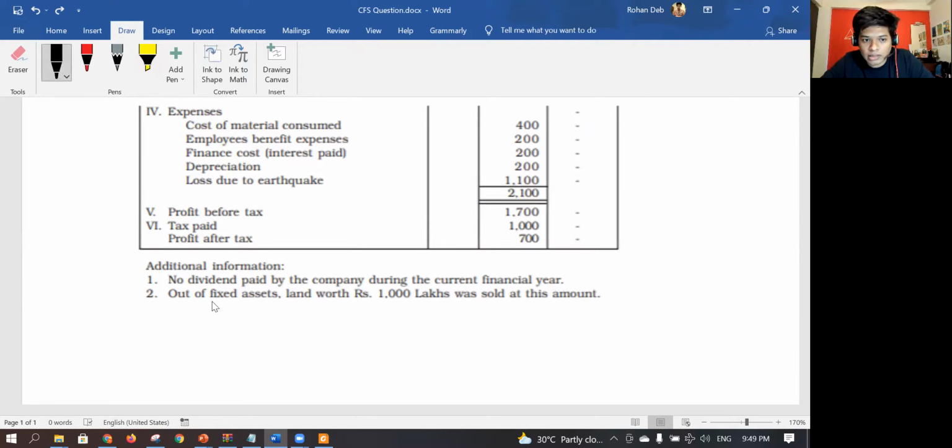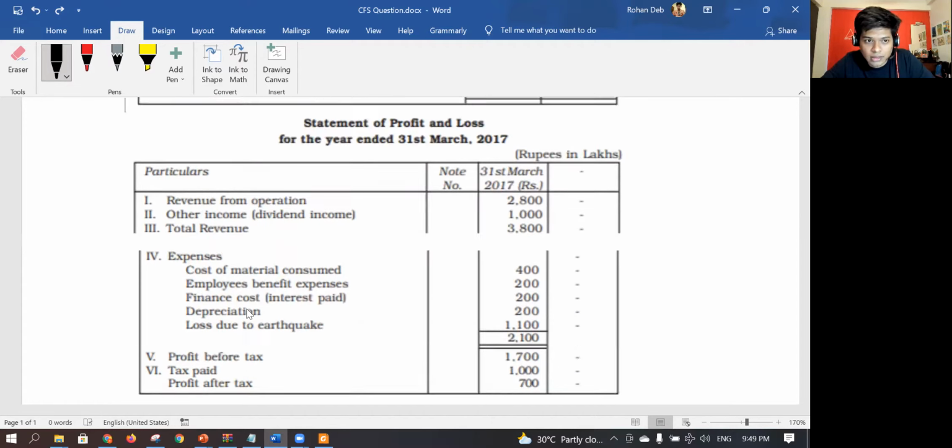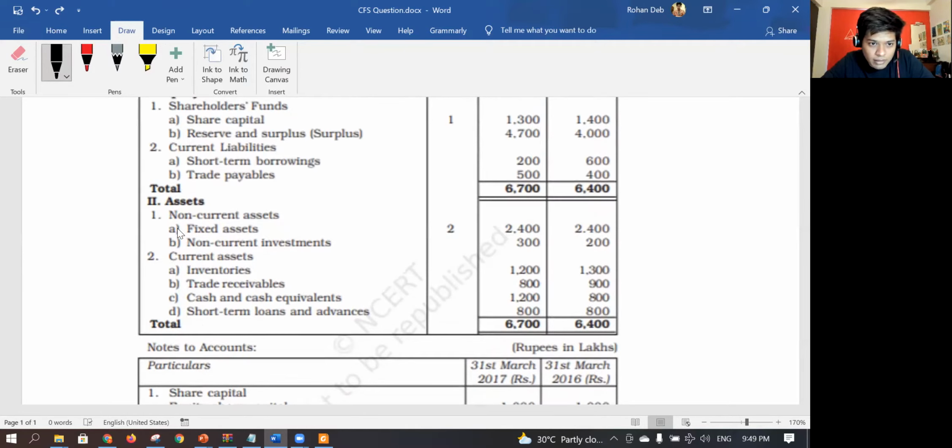For example, here it says out of fixed assets, land worth 1000 lakhs was sold. So it relates to fixed assets. So in my fixed assets, I'll just mark that I have a note. In physical paper, I generally write the note number, but whenever I read this, I remember that there was something in fixed assets.